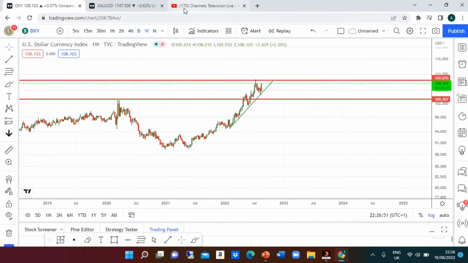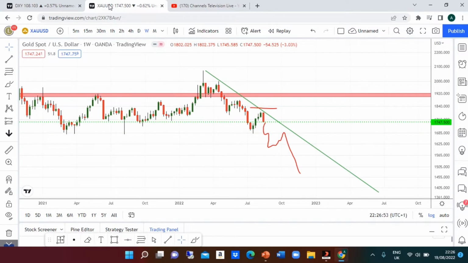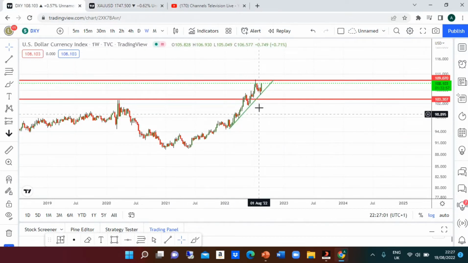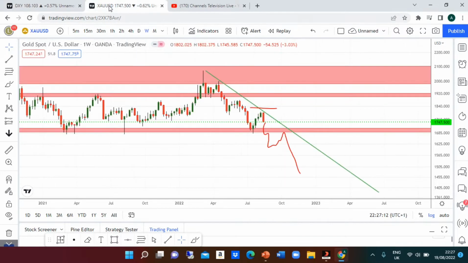If I go to my gold chart now, you see this pullback that was happening, this movement that was happening. This was when this dollar was actually doing a pullback. So now that the dollar has given us a bullish sentiment, a bullish candlestick here, that is why you see that gold is also giving us a bearish sentiment.